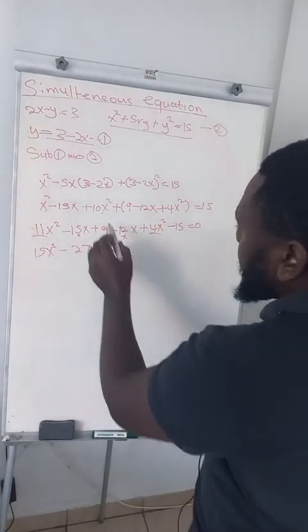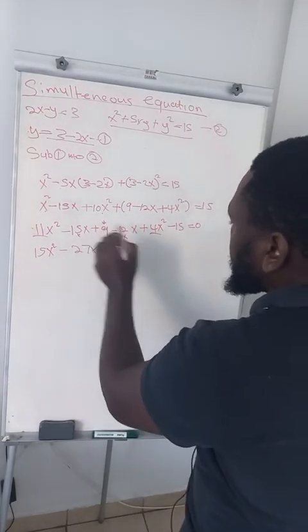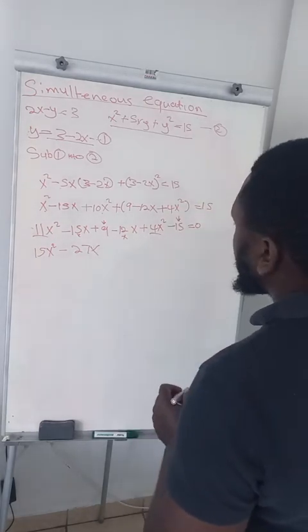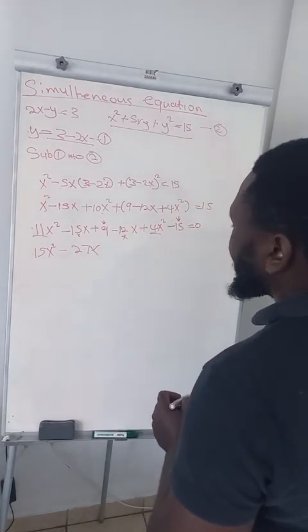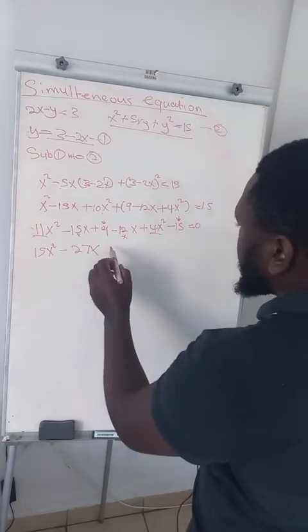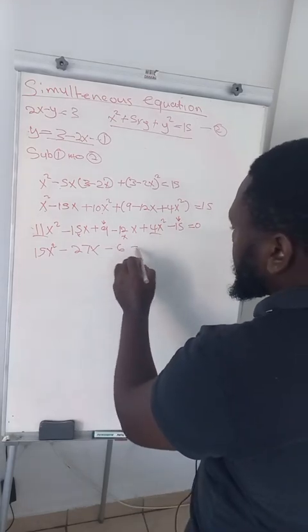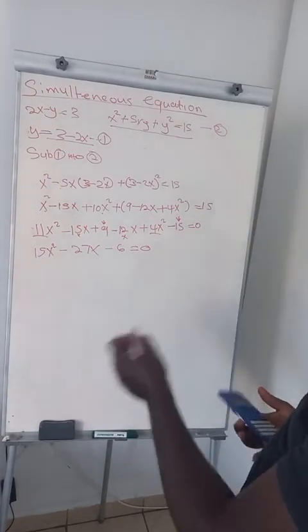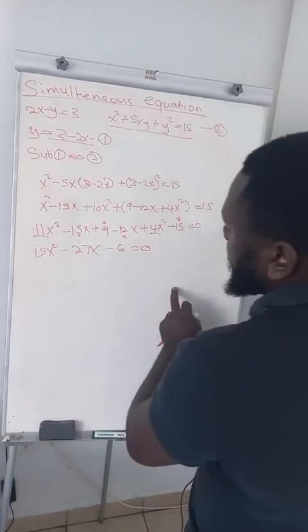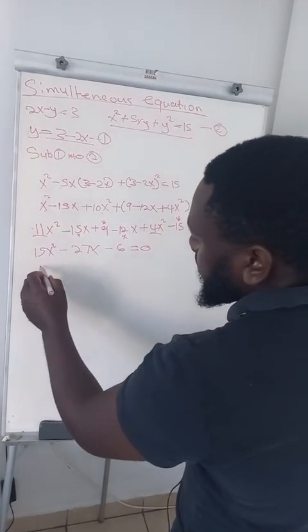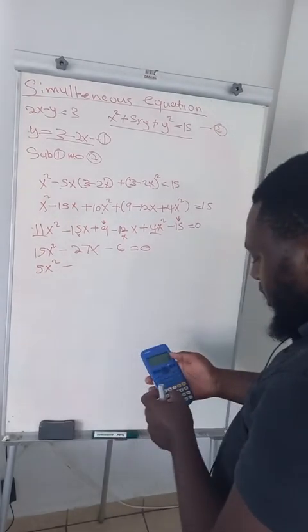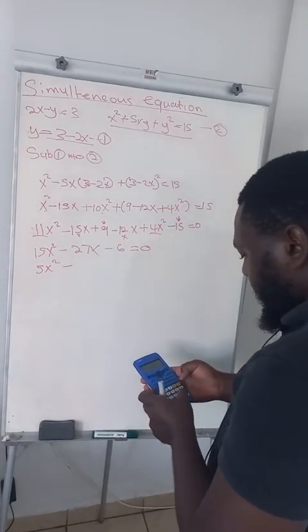And then now you're left with this one and this one. So it means negative 15 plus a 9, you're going to get a negative 6 here is equals to a 0. So now here you can choose to first divide the whole equation by 3. It means here you're going to get a 5x squared minus 27 divided by 3.